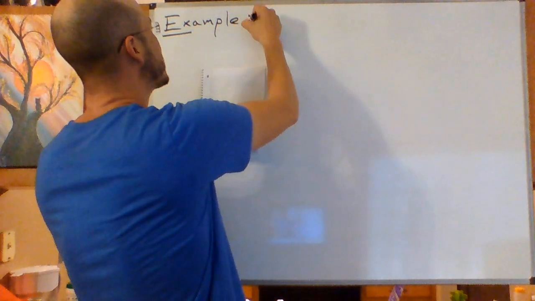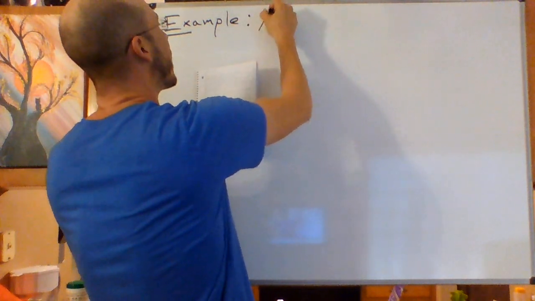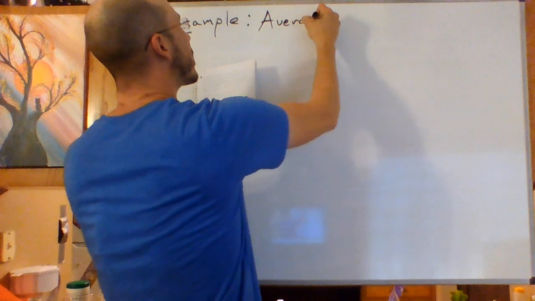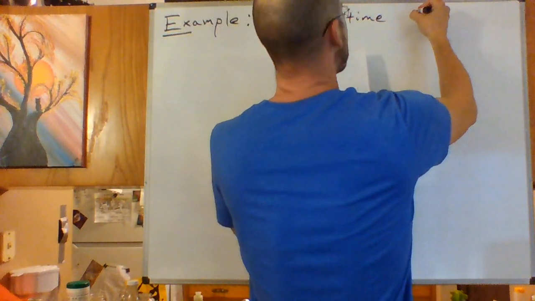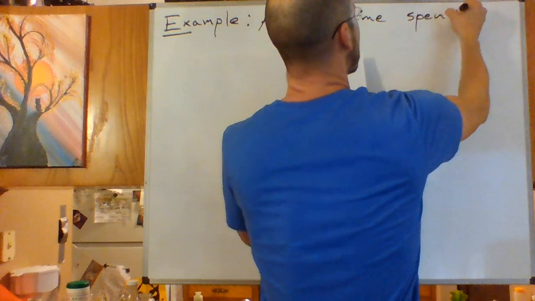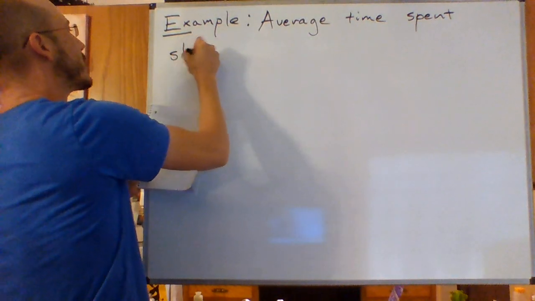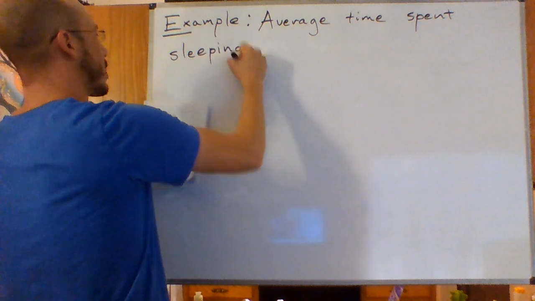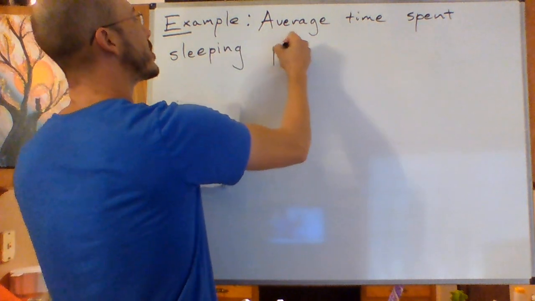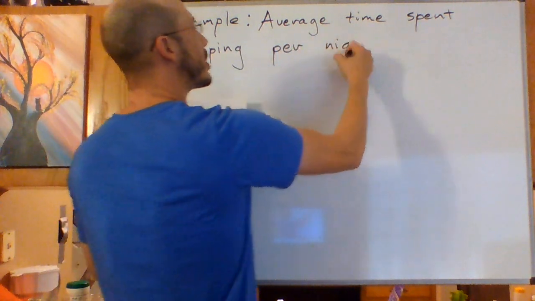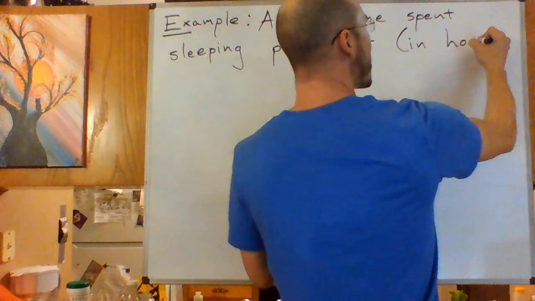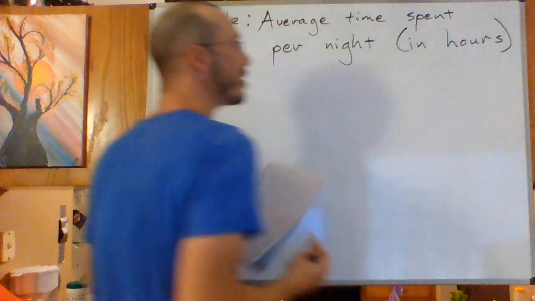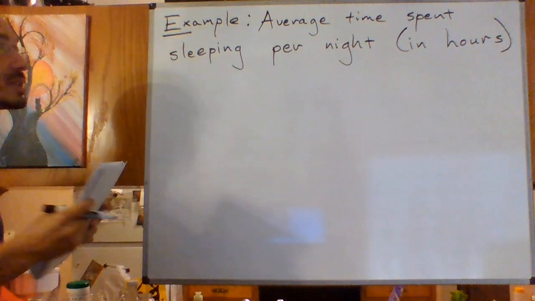This one is the average time spent sleeping per night in hours. So I want to mention that, but that's really not the focus of this sentence. That's just a detail.